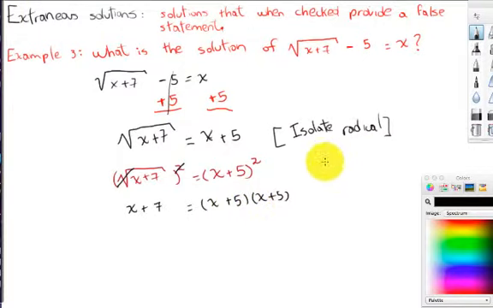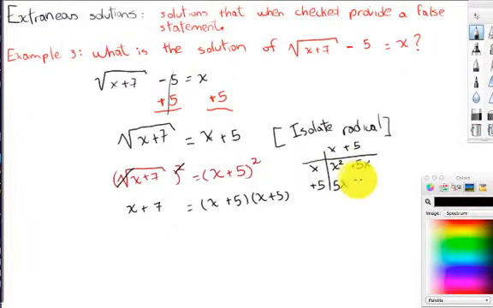And if you remember from the previous unit, when we dealt with quadratics, there are a couple of ways to do this. I'm going to do it the way that I think most of you understand it. x times x is x squared. x times 5 is 5x, positive. Positive 5 times x is 5x.